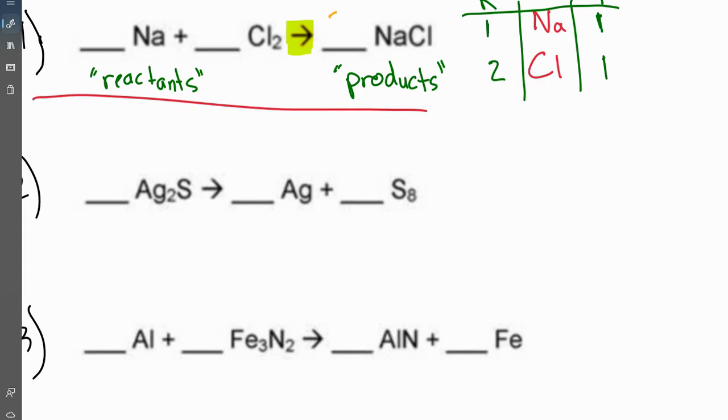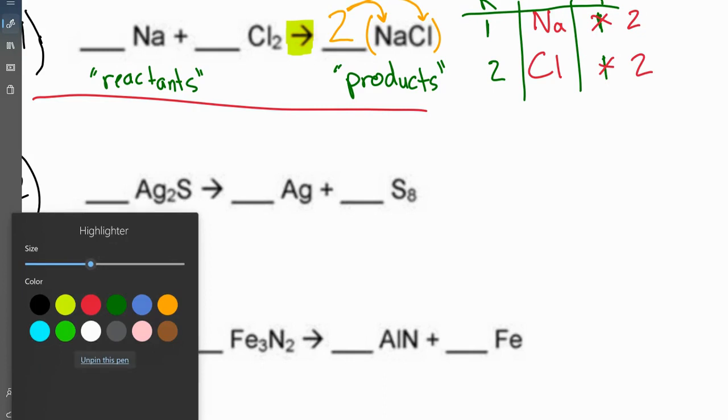So in the products here, we will put a 2 because we need 2 chlorines. What this does is this essentially takes 2 times the entire unit of NaCl. So this means that there's now 2 sodiums, and this means that there's 2 chlorines. So instead of this 1, we now have 2 sodiums, and instead of that one, we now have 2 chlorines in the products.